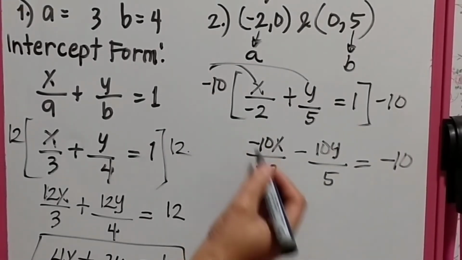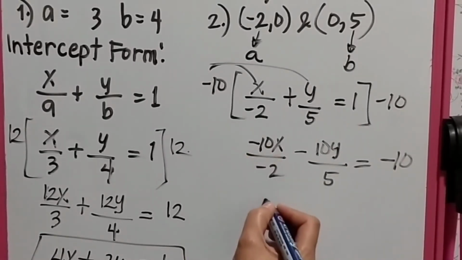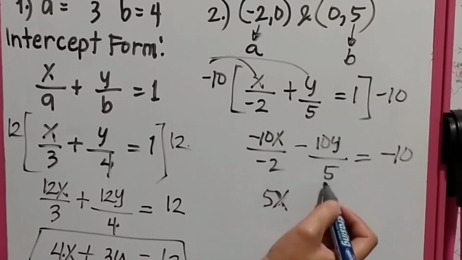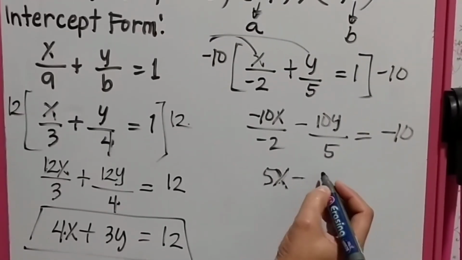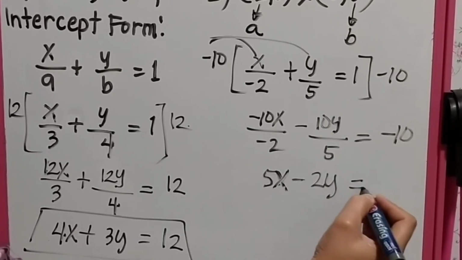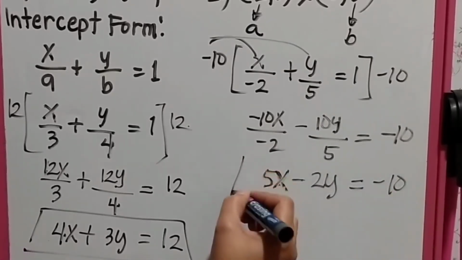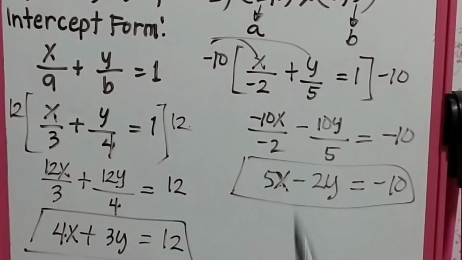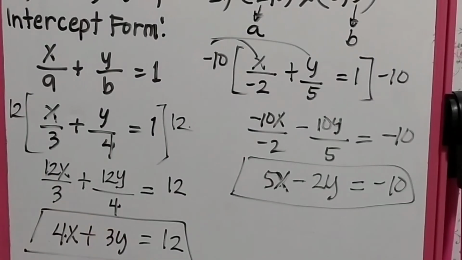Then again, we will just simplify. Negative 10 over negative 2 is positive 5. So we have positive 5x here. And negative over positive is negative. So we have negative 10 over 5, that's 2y equals negative 10. So this is the equation of a line whose x-intercept is negative 2 and y-intercept is 5.